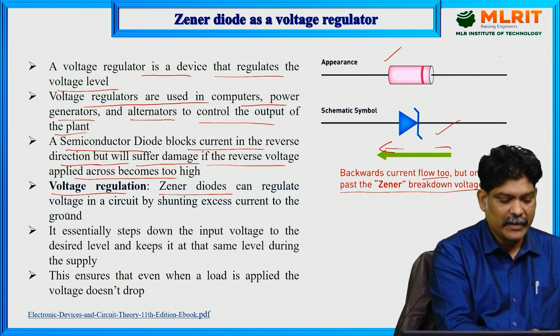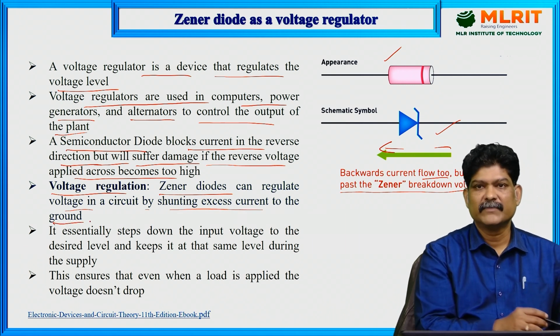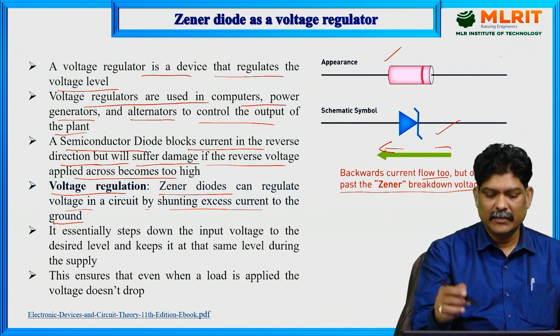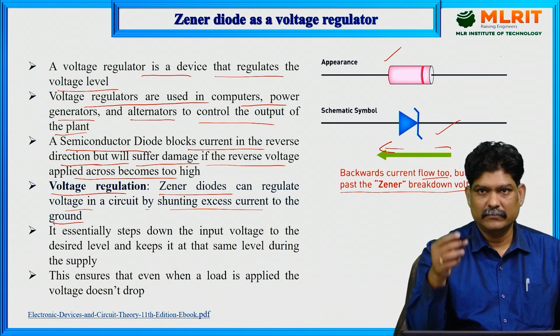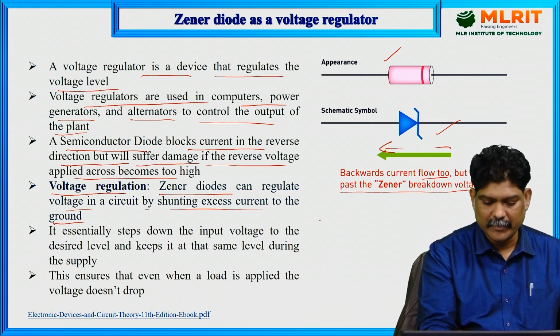Zener diodes can regulate voltage in a circuit by shunting excess current to the ground. Shunting means it is connected across the Zener. So let me write the circuit diagram here.